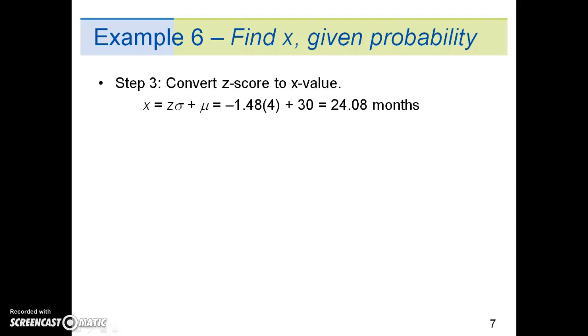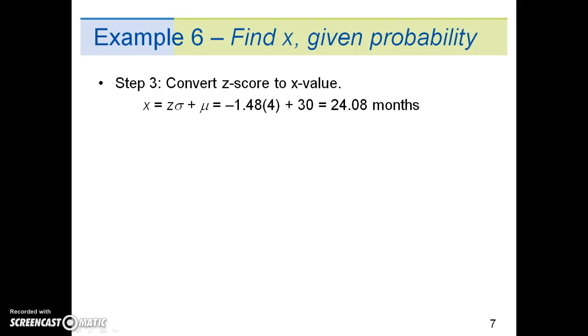Step 3, we need to convert the z-score to an x value. So using the formula x equals z times sigma plus mu, we enter in that negative 1.48 for z. We use the provided values for sigma and mu as 4 and 30 respectively.